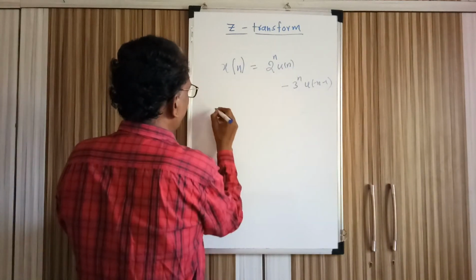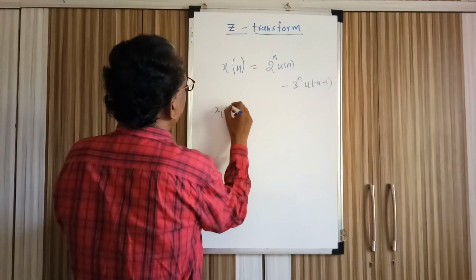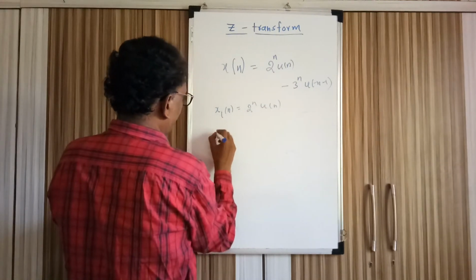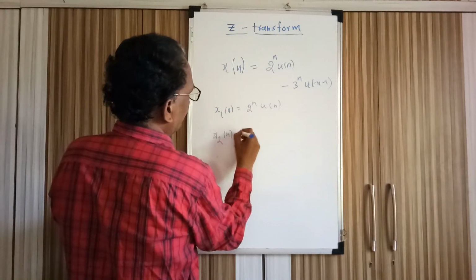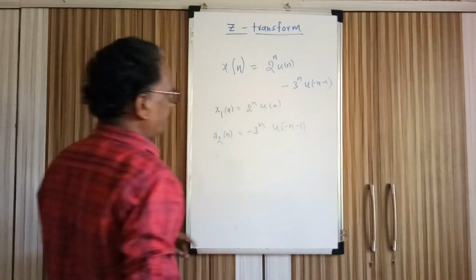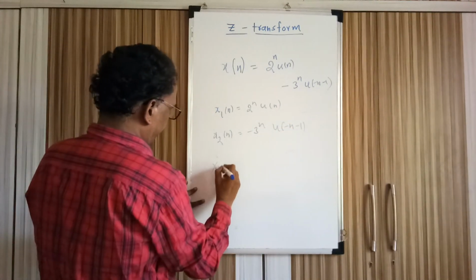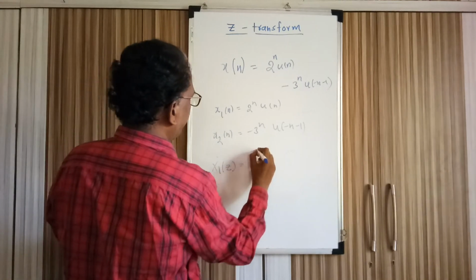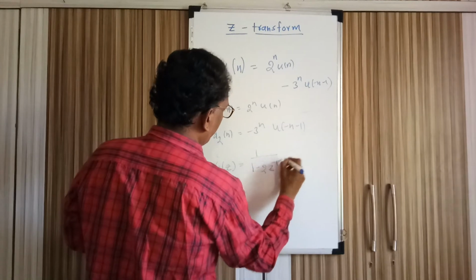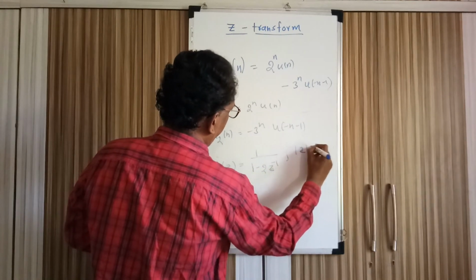So we will find the Z transform of the first part, x1 of n equal to 2 raised to n u of n, and the second, x2 of n equal to minus 3 raised to n u of minus n minus 1. Here we know that X1 of Z is nothing but 1 divided by 1 minus 2 Z inverse, provided mod Z is greater than 2.